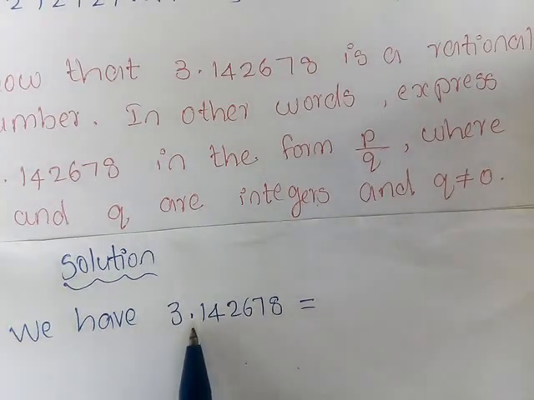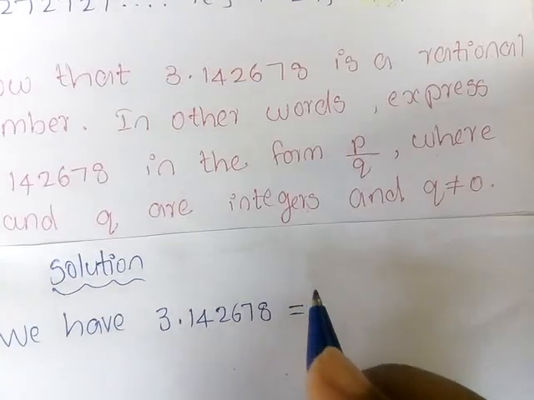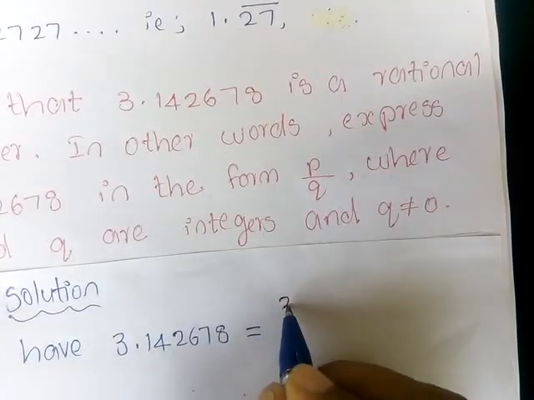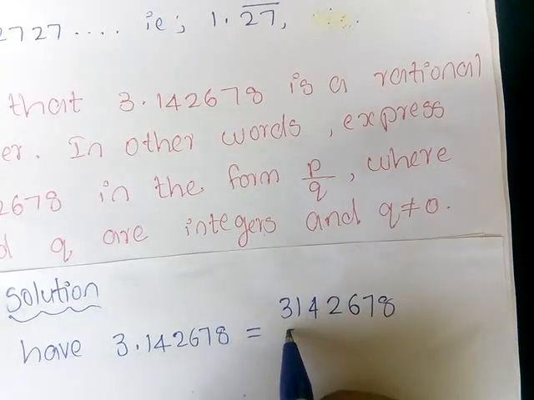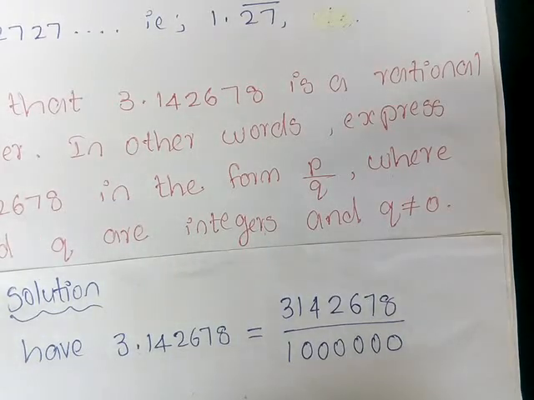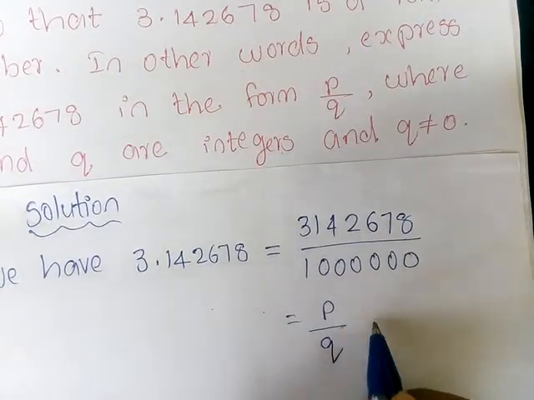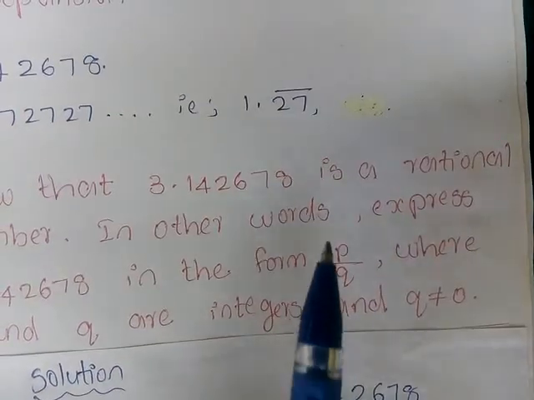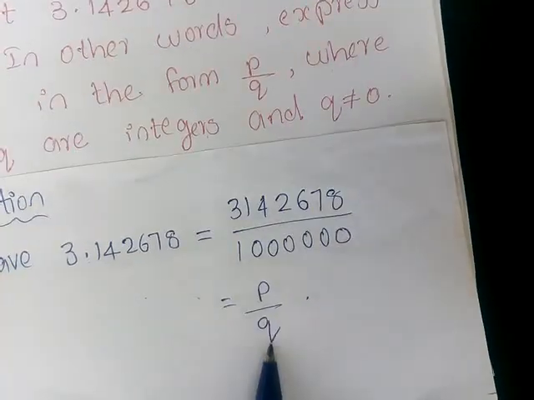That is, 3.142678 is equal to 31,42,678 divided by 10 lakh. Now it is in the form of p by q. This is the method of changing a terminating decimal number into the form of p by q.